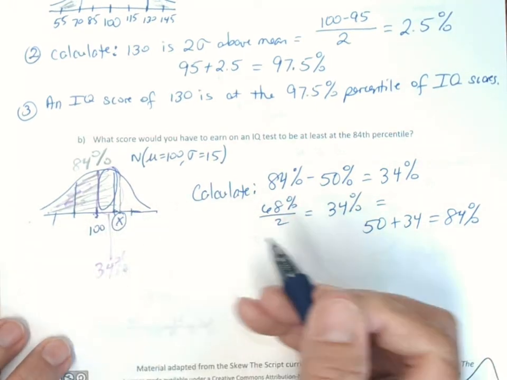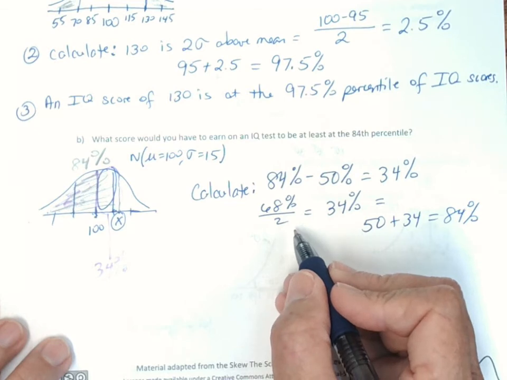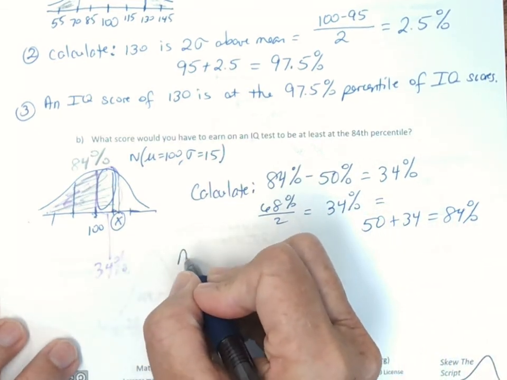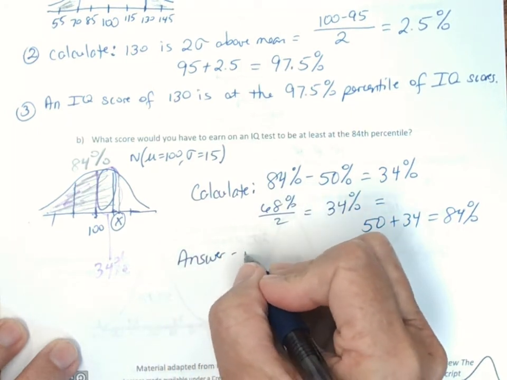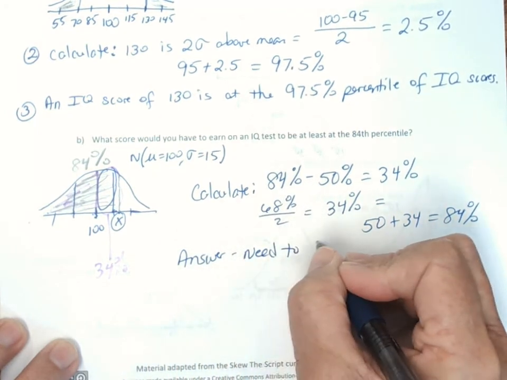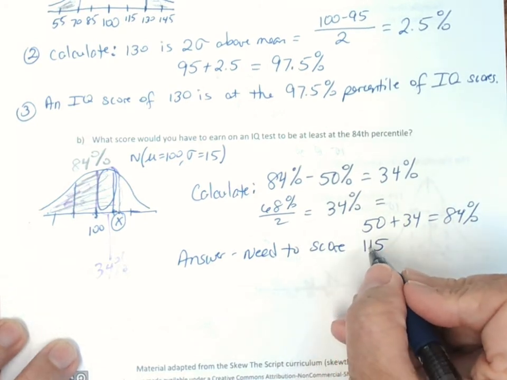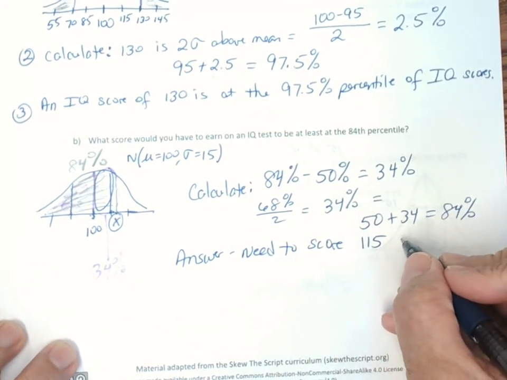Well, we said that this is just one standard deviation above. So I would need to score 115, because that's exactly one standard deviation above the median.